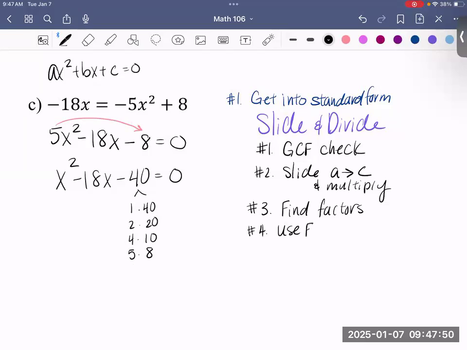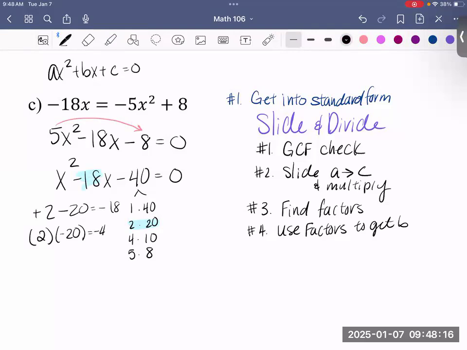Use factors to get B. Well, that would be the 2 and the 20 to get to negative 18. So 2 and 20, and we need a negative 18, which means the bigger number gets the sign. So 20 being the bigger number, that one has to be negative and 2 has to be positive. When we multiply to check, we do get negative 40.